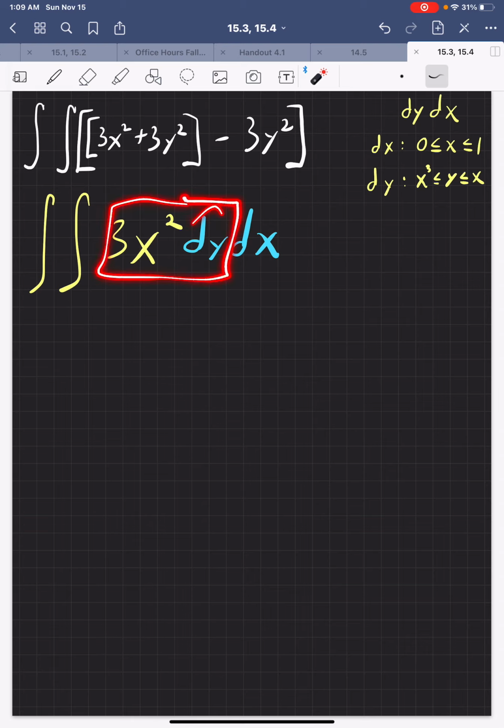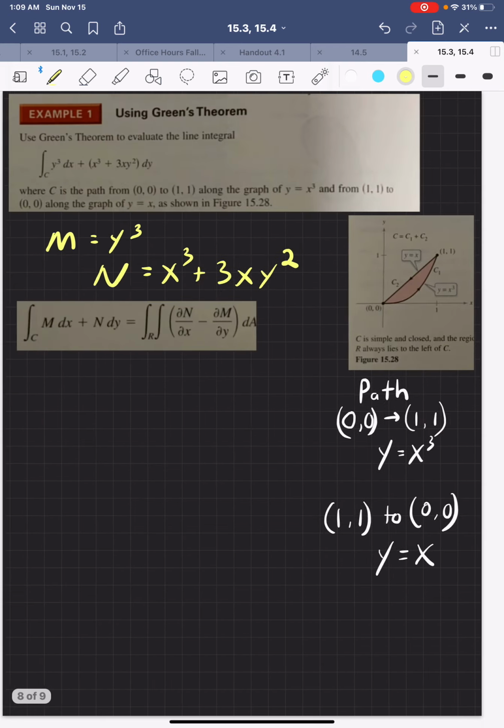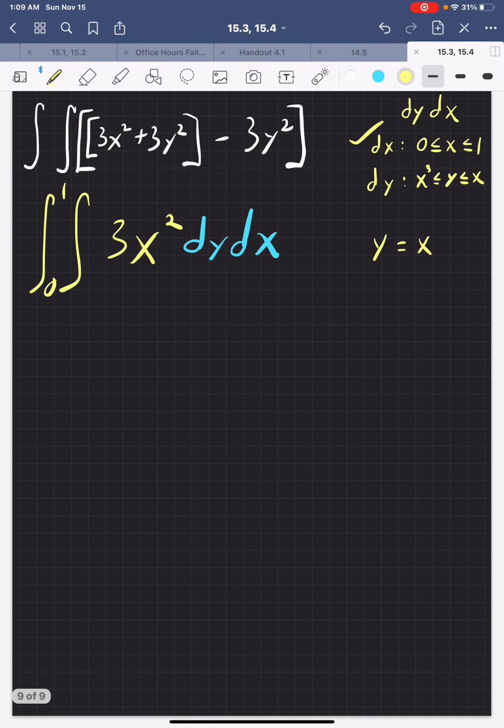If we're going to go dy dx, then let's start with our x bounds, our constants, on the outside. So dx would be from 0 to 1. And now, remember, you had the equations y equals x and y equals x cubed.